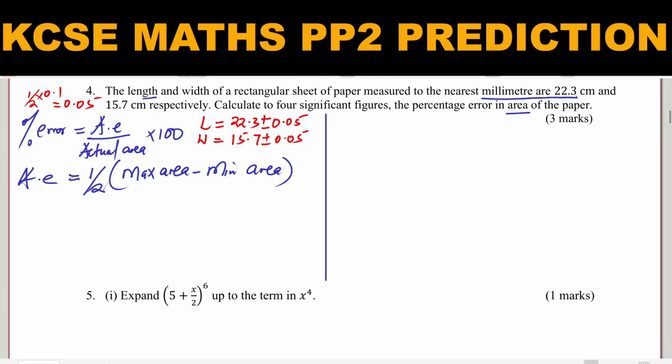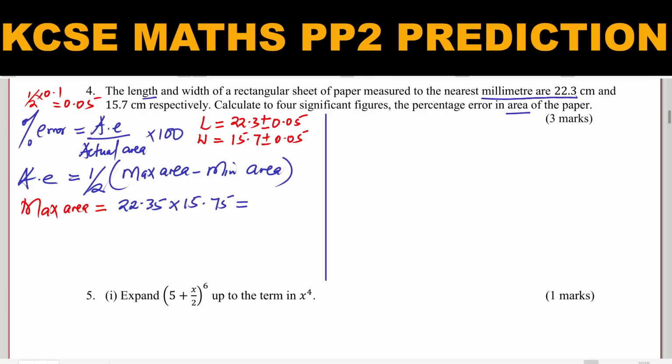When you are getting the maximum area, because this is a rectangle, length times width, we are going to get the maximum for length by 22.3 plus 0.05. That will give 22.35 centimeters. Then the maximum for the width will be given by 15.7 plus 0.05. That will give 15.75.